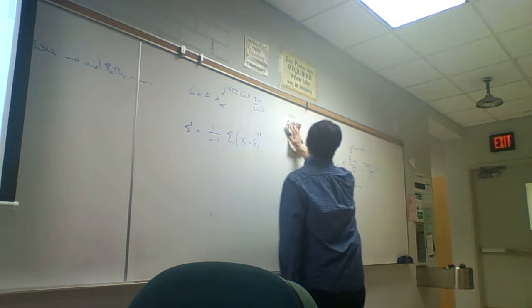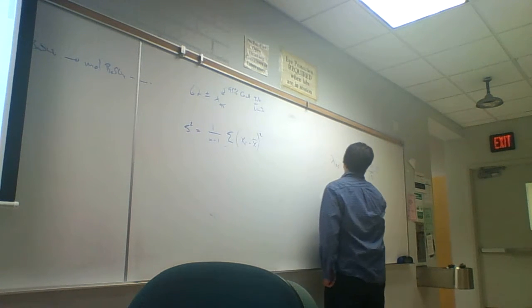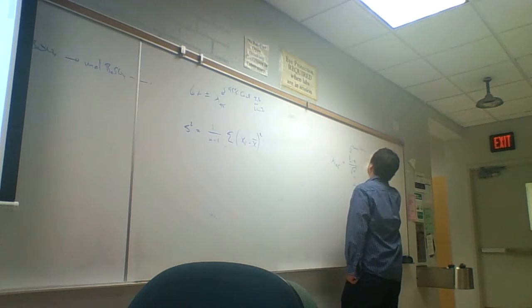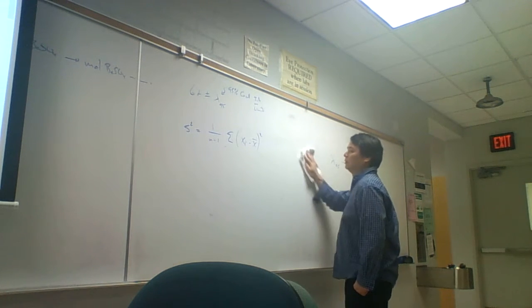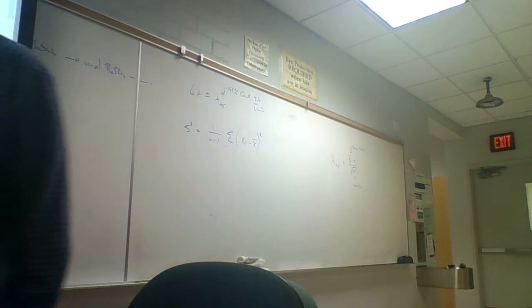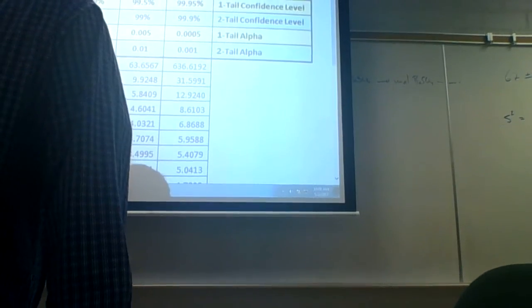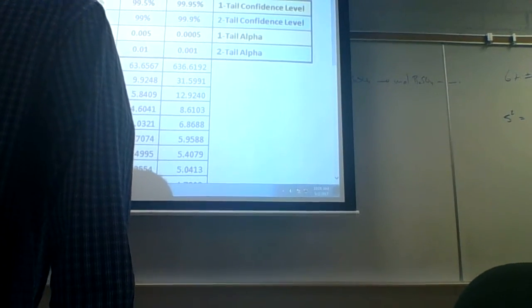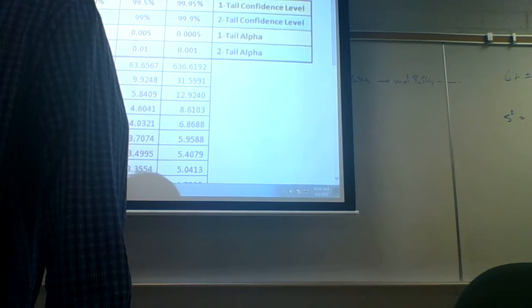They had the same average. They had the same number of trials, so T is going to be the same, N is going to be the same. What's going to be different? What's going to be different is what they call the standard deviation.